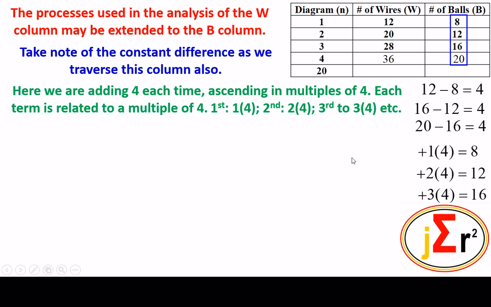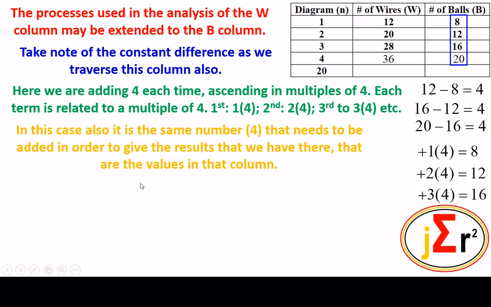What do we need to add to get 8? In this case also, it is the same number, 4, that needs to be added in order to give the result that we have there. Those are the values in this column.